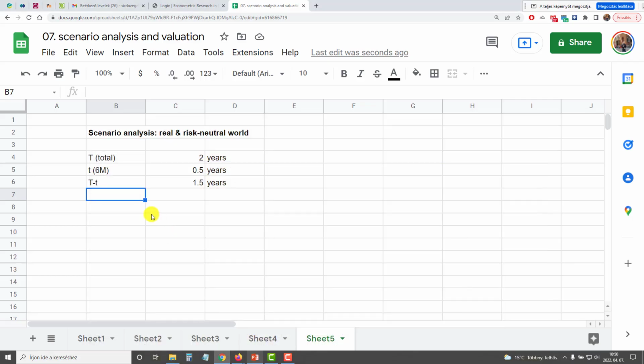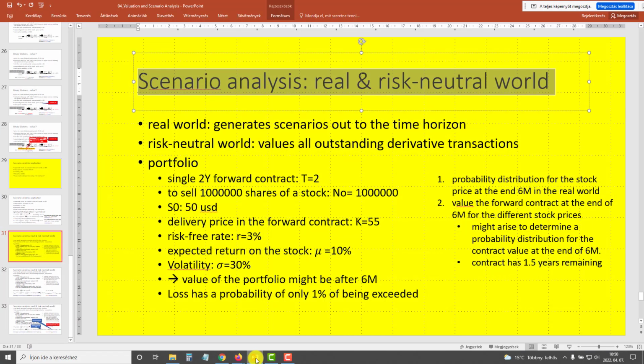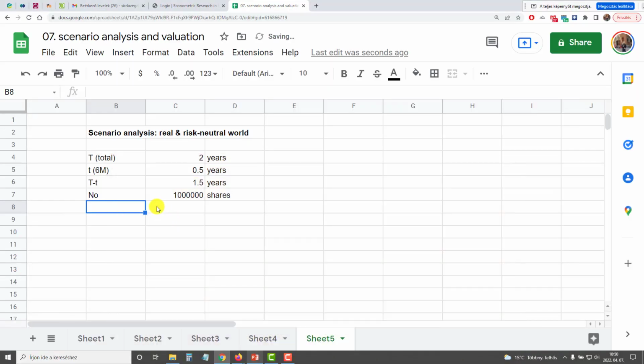Okay, number of shares: 1 million. S 0 is 50 US dollars.